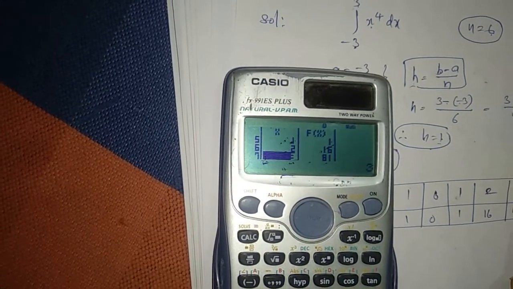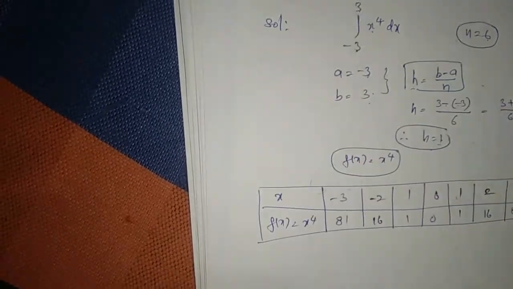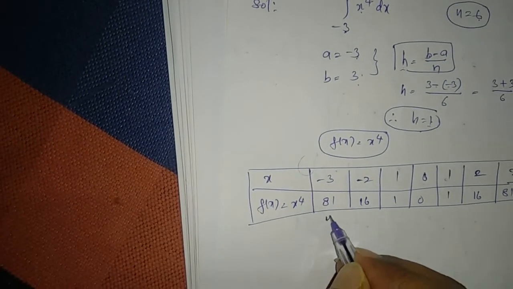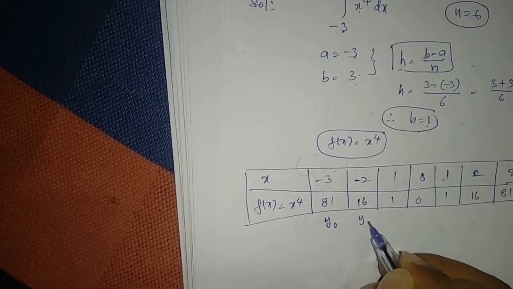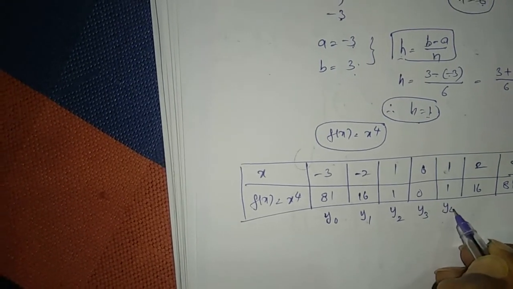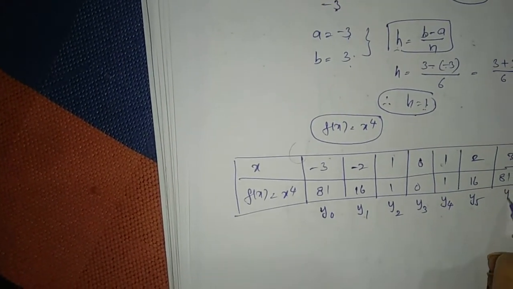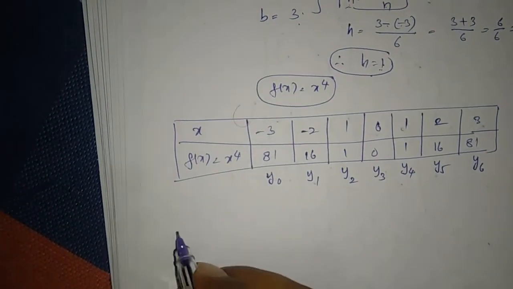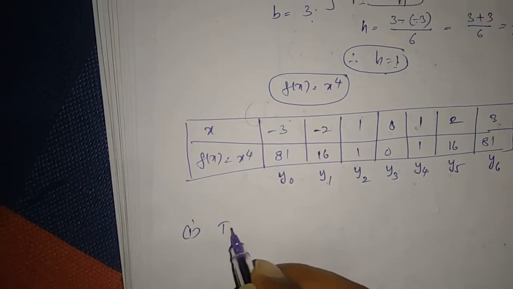See here, we can write this as y0, this is y1, this is y2, this is y3, y4, y5, y6. These are the common variables. Now find the trapezoidal rule.